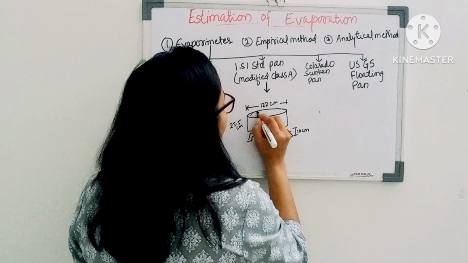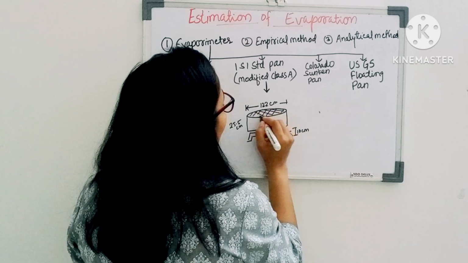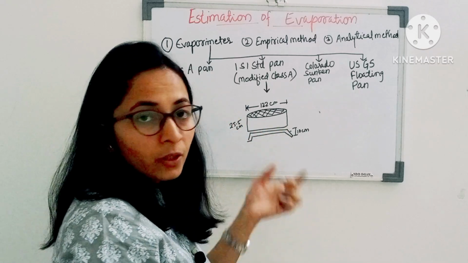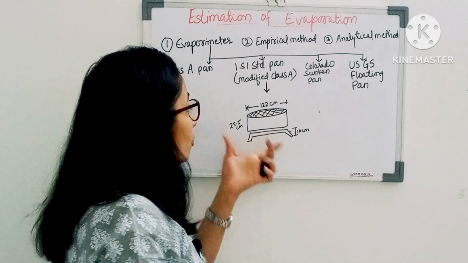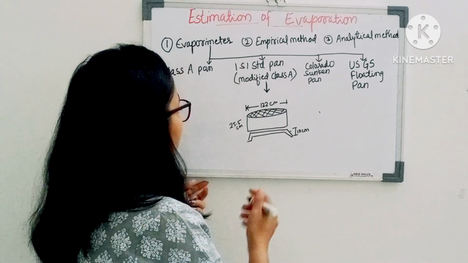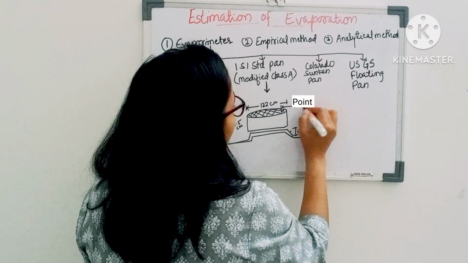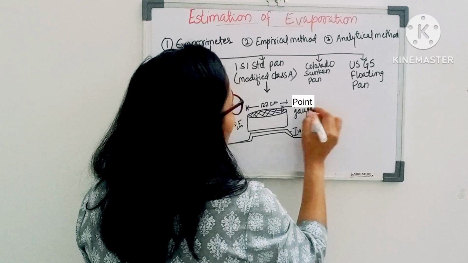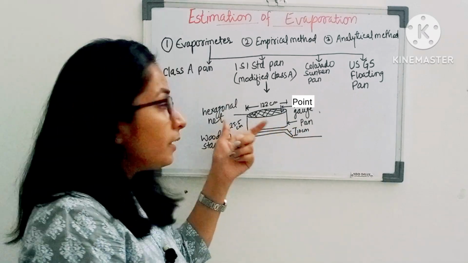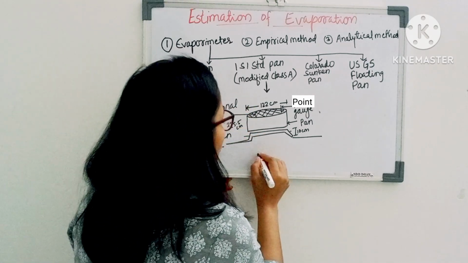There is a hexagonal net provided over the pan to cover it so that the water in the pan is protected from birds and other activities, and it also helps in maintaining the temperature during day and night. Here there will be a hook gauge, which is used to get the readings of water loss. The coefficient of the ISI standard class A pan evaporimeter is 0.8.